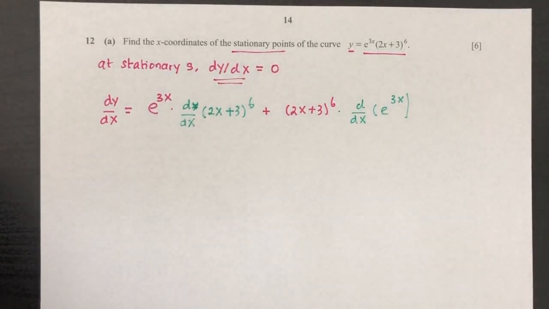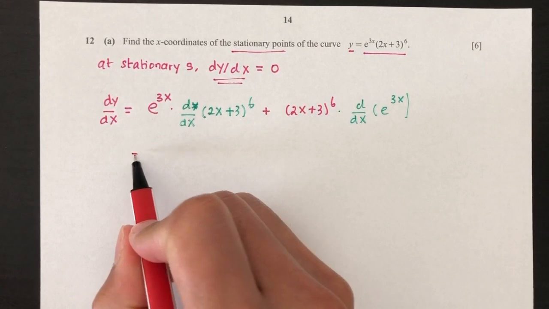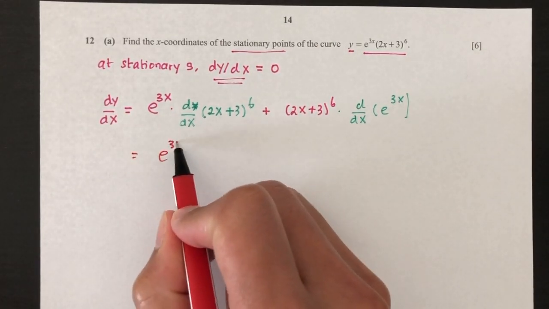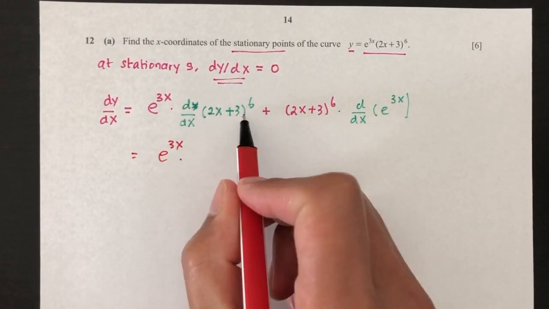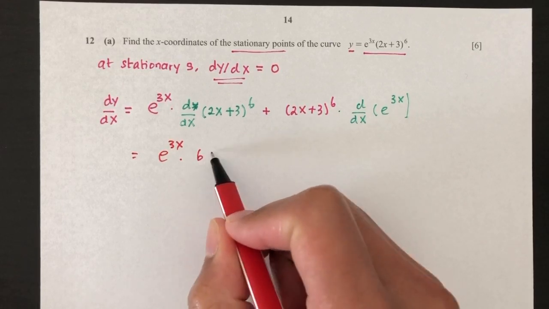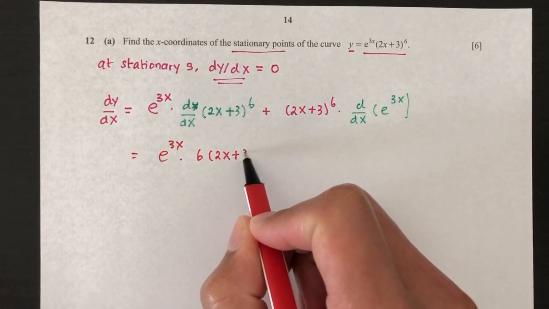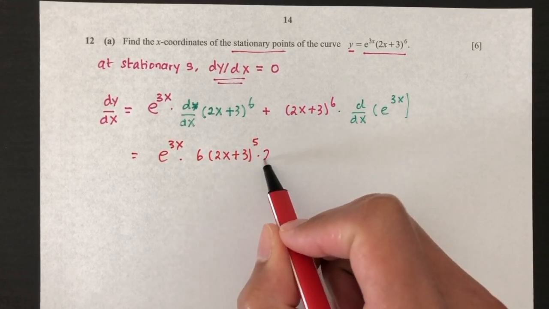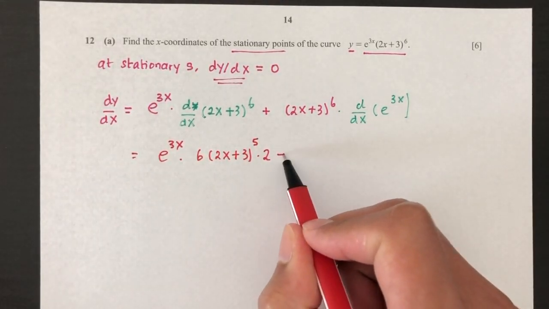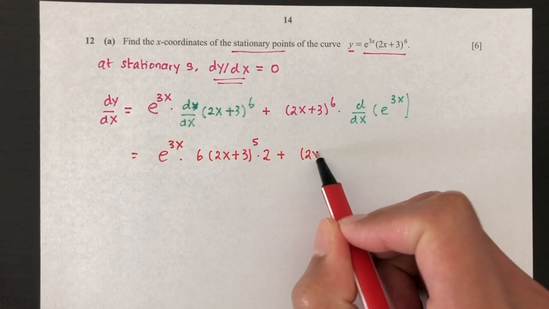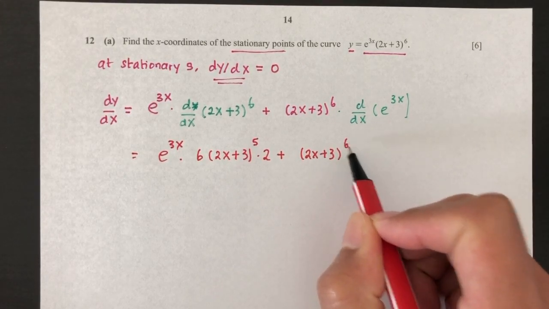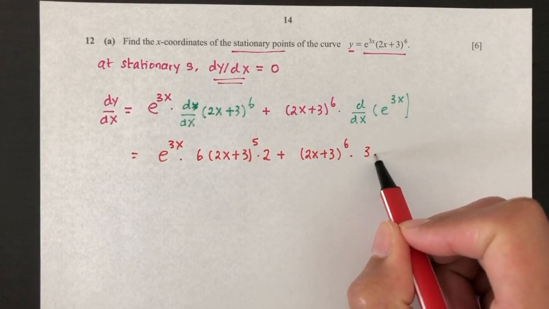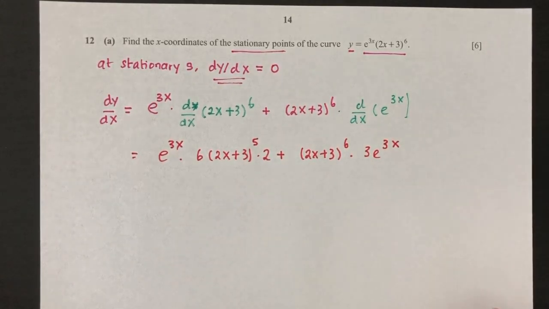Okay, so now let's just simplify, see what we have. So the first one remain the same, e^(3x). Now differentiate this one, so power times 6, (2x plus 3) power 5, and multiply by the inside of 2. Now plus, this one remain the same, (2x plus 3) power 6, and this one becomes 3e^(3x).